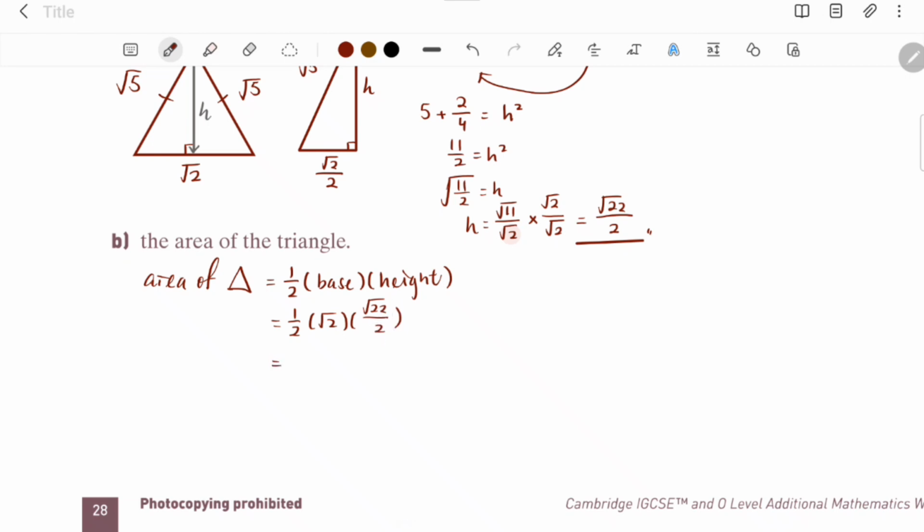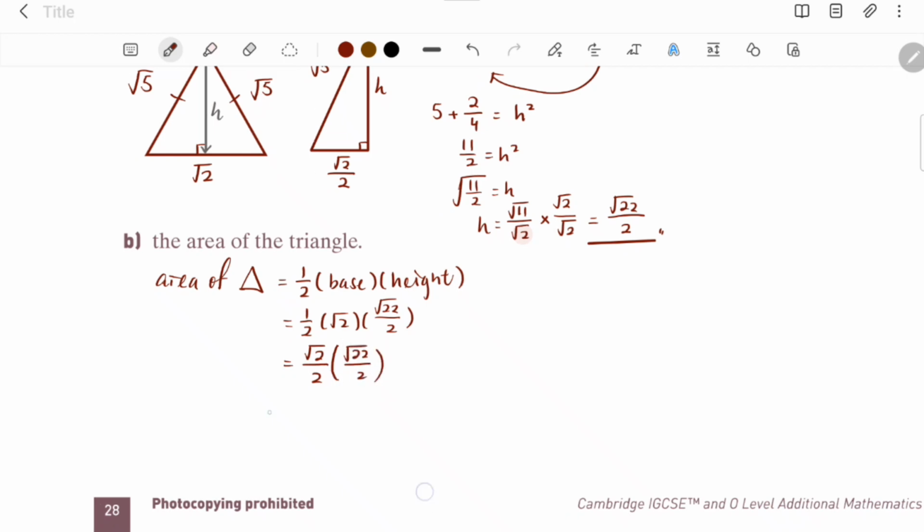So let's see. Surd 2 over 2 multiply with surd 22 over 2. So surd 2 times this one, you get surd 44 over 4. So we can actually pull out the 4, because surd 44 is actually surd 4 times surd 11.